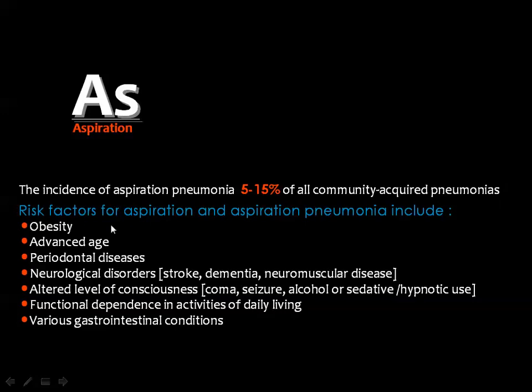The risk factors for aspiration and aspiration pneumonia include obesity, old age, diseases in the teeth, neurological disorders, altered conscious level, functional dependence on the activities of daily life, and various gastrointestinal conditions.